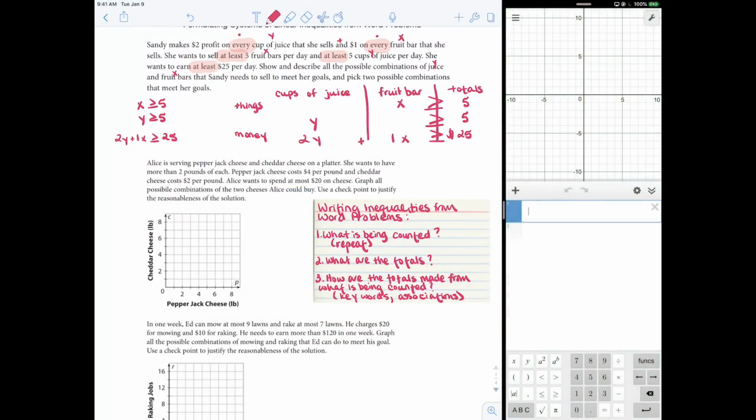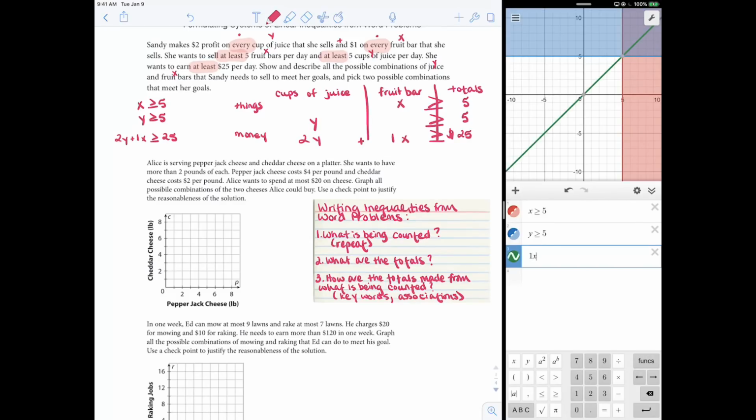We graph these inequalities. X is greater than 5. Y is greater than 5. And 1x plus 2y is greater than 25.